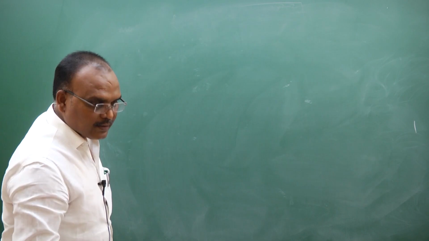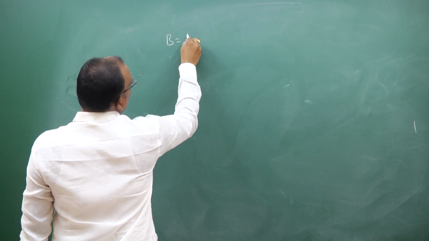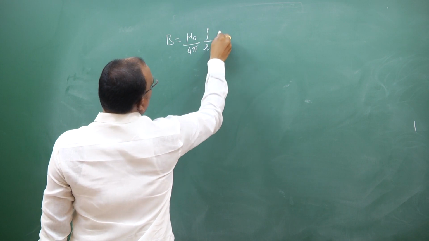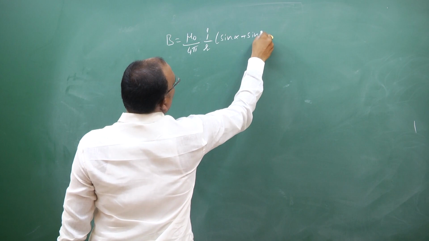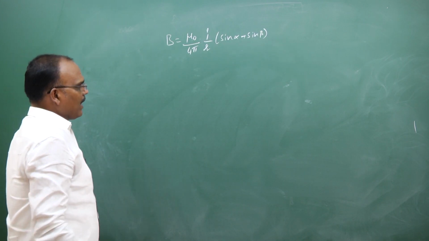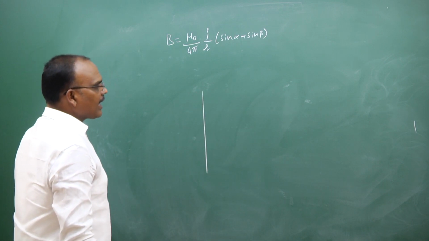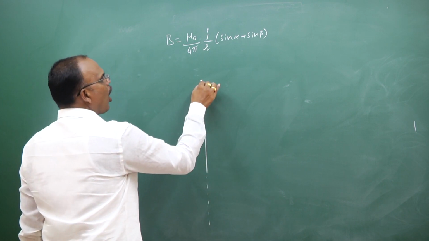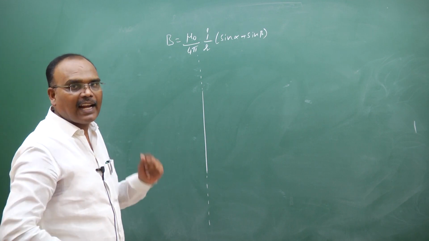See carefully now. The magnetic field at any point due to a straight current carrying conductor is mu naught by 4 pi I by r into sin alpha plus sin beta. This formula is the heart; you remember this. For example, if I want to calculate the magnetic field at any point due to a long conductor, it can even be called an infinite length conductor.